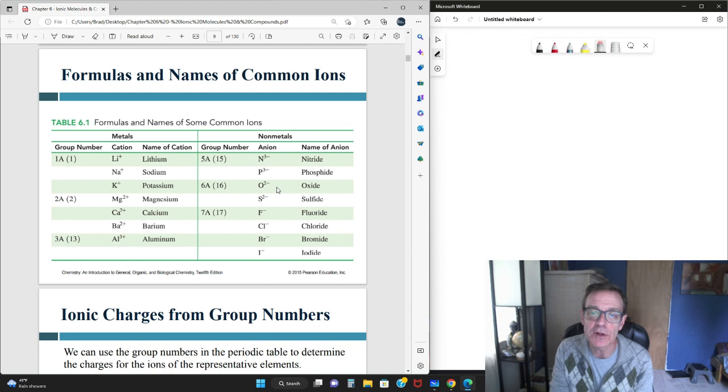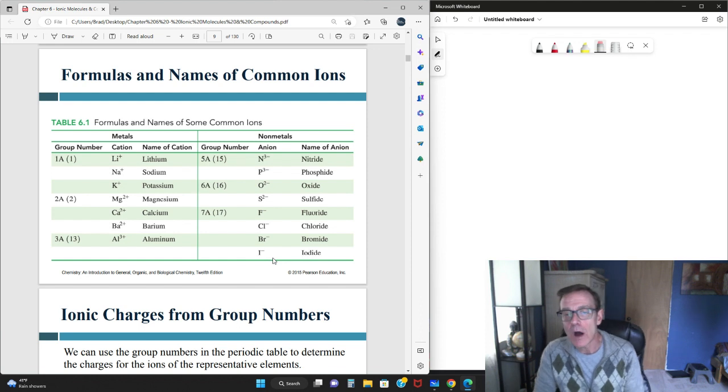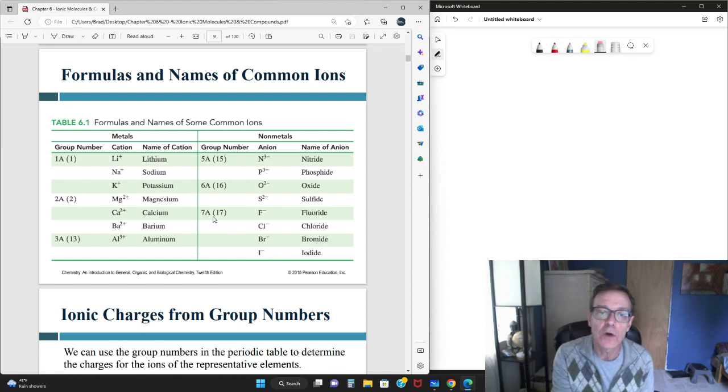Oxygen and sulfur will both take on 2 electrons to get a charge of negative 2 to be happy. So they become anions with a negative 2 charge. And fluorine, chlorine, bromine, and iodine will all take on 1 electron to go from 7 to 8 valence electrons, and form an ion with a charge of negative 1.